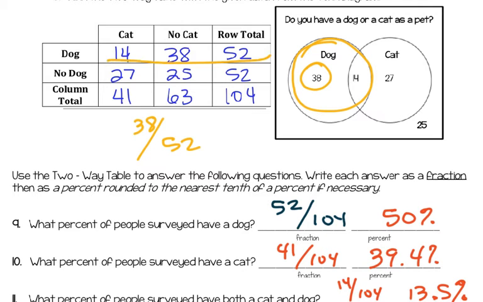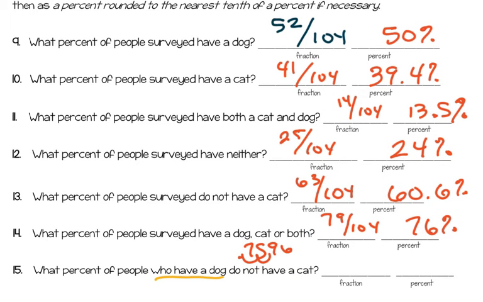These are my dog people, and 38 of them have no cat. You need to make sure you're looking at the right population of who you're asking the question about. So this one's 38 out of 52, and that comes out to be 73.1% of the people who have a dog don't have a cat.